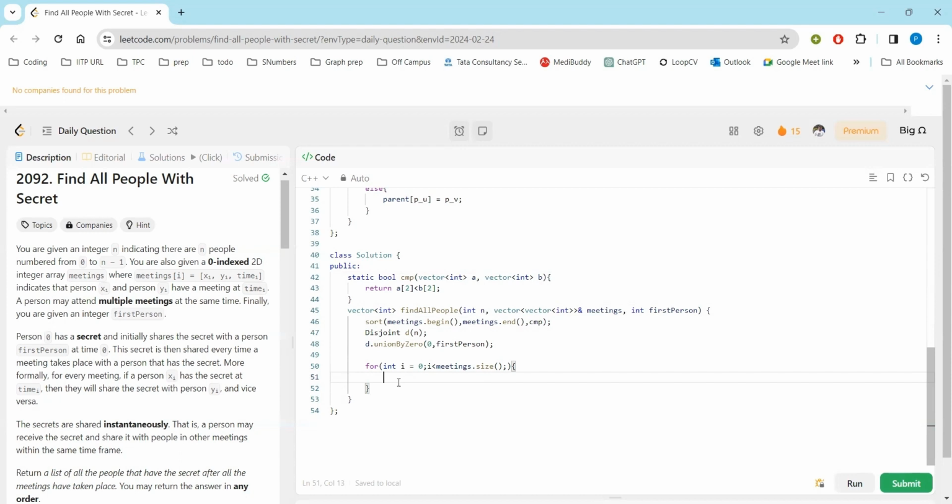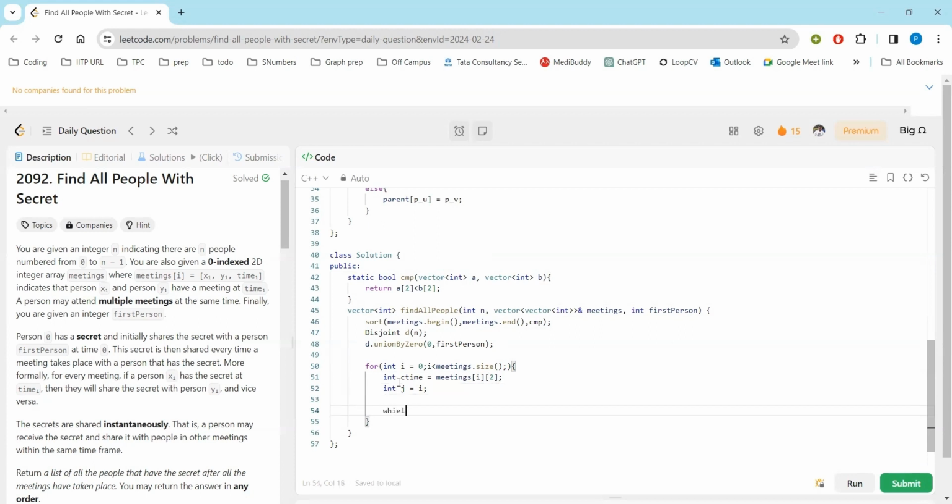So we will find out the current time of the meetings, that means we will find out the time frame. So C time will store the current time frame, and we will store the starting position of this time frame.